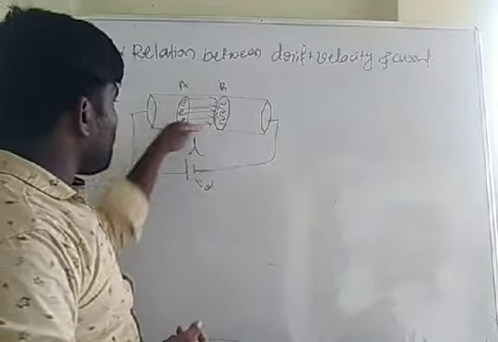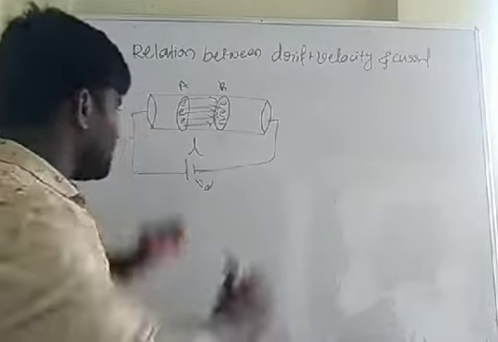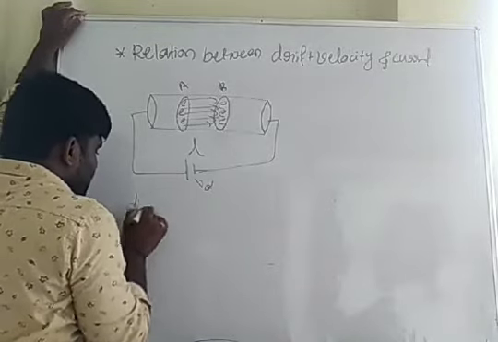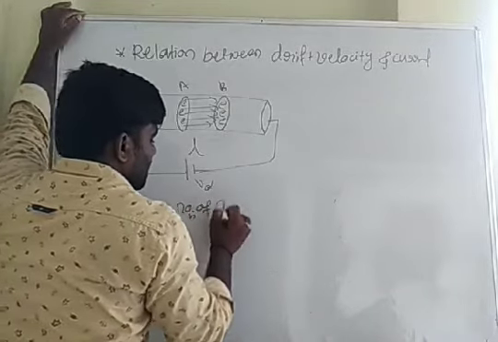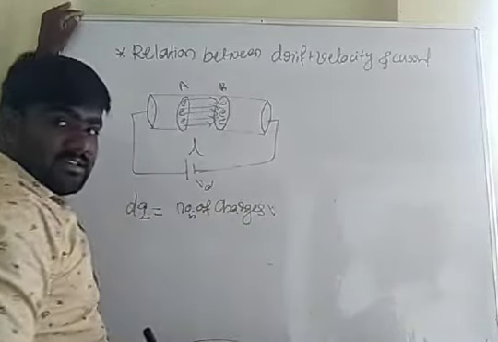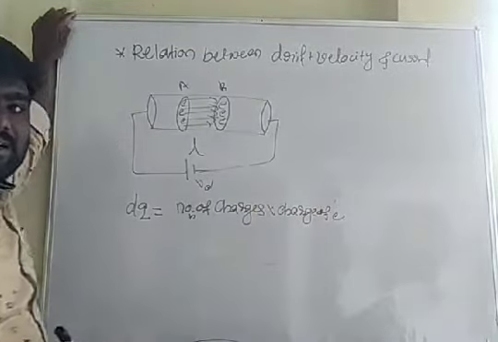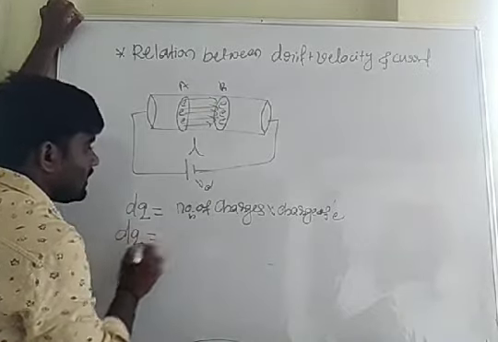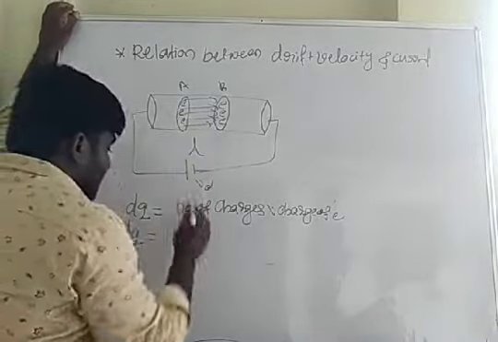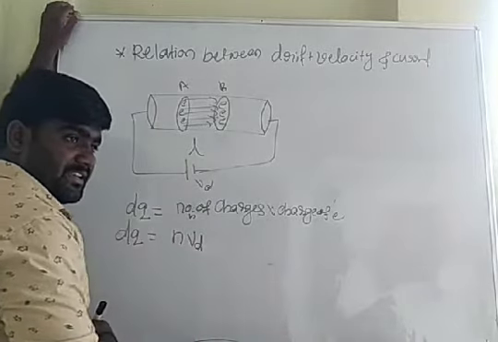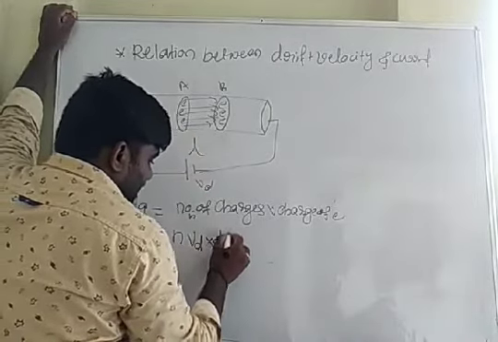The area of this cylinder is A, and the charge of the electron is E. Just writing this, dq is equal to number of charges into charge of electron, so dq is n times E. Then these electrons move with a drift velocity Vd while moving from point A to point B, taking a time dt.